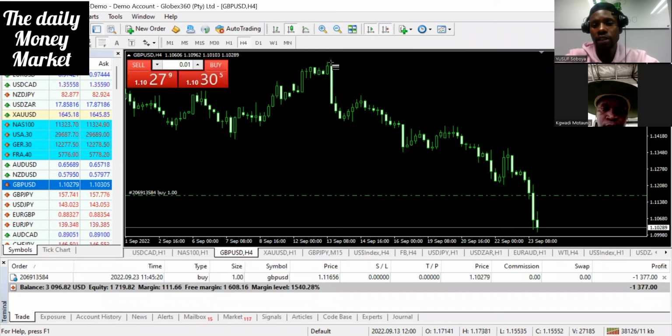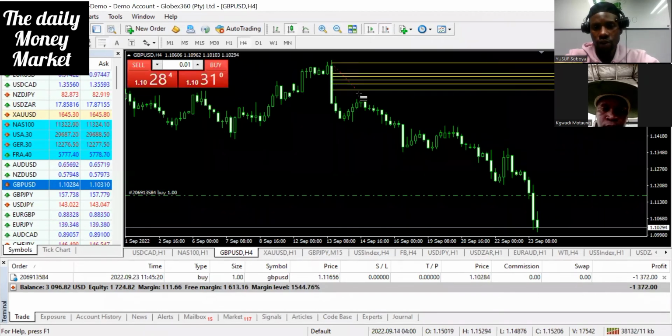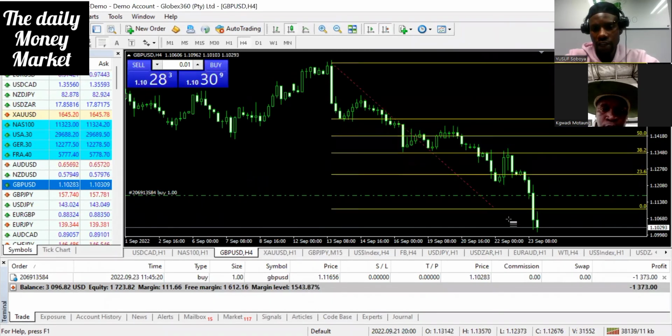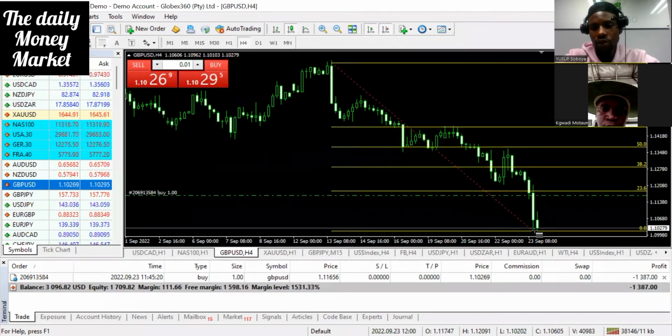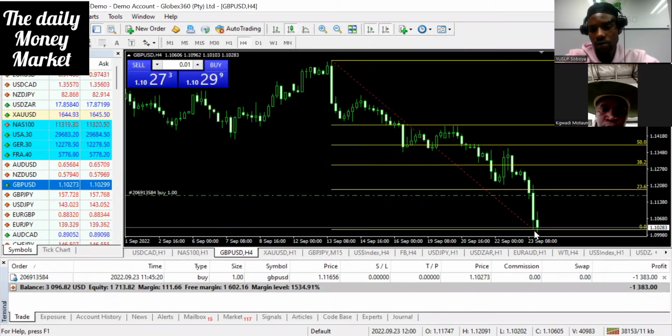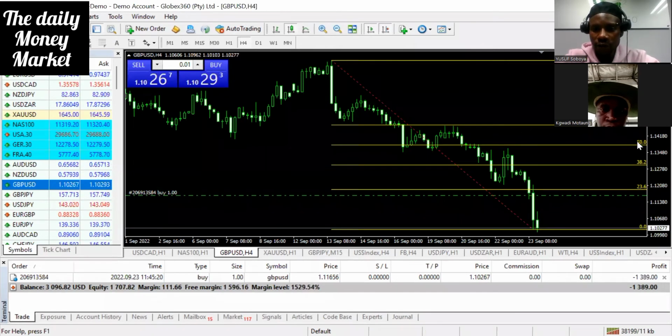Here's the highest, we put it there and pull the line to the lowest. Done. Now you can see 0%, 23%, 38%. You can see where the market was playing around and turning. 50%, the same thing, where it's been playing around and turning. 61%, the same thing, then the highest.